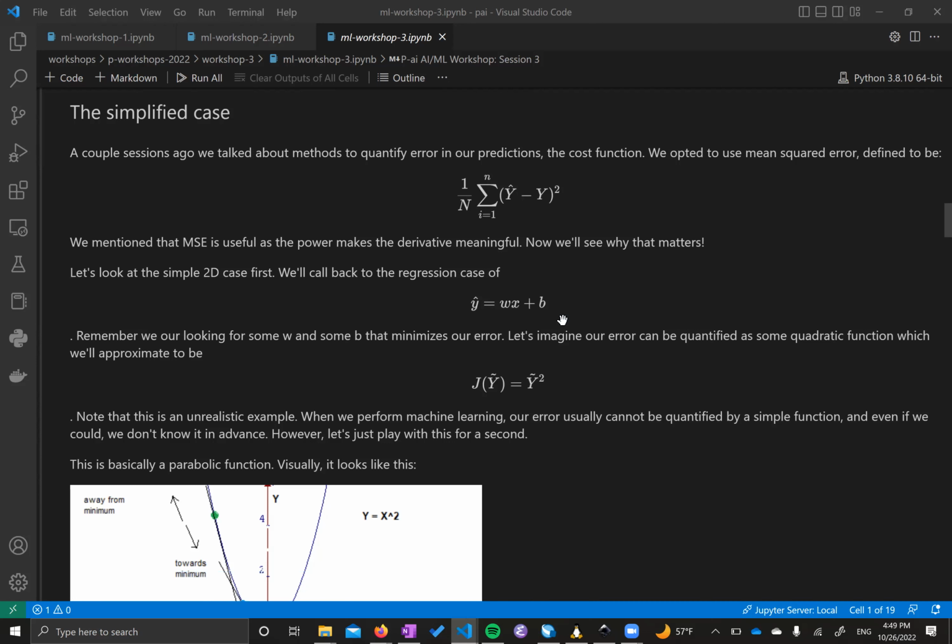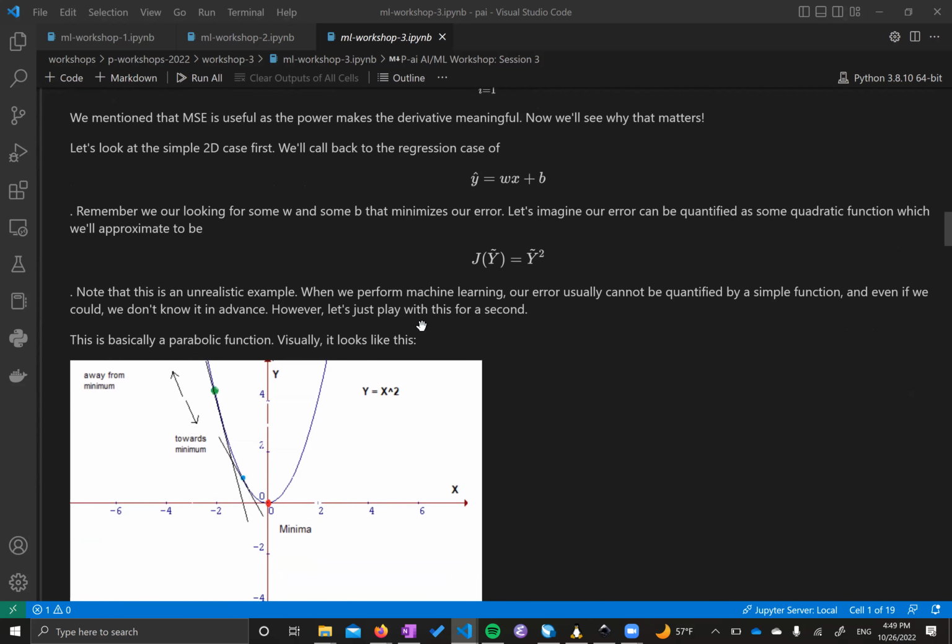error as a function of y, equal to y squared. Now, typically when we're doing this optimization problem, we have no idea what the error landscape actually looks like. We are basically testing the error as we permute our parameters and building out this picture over time. We don't actually know this, but we're going to pretend we know it in this example so that we can analyze some things.